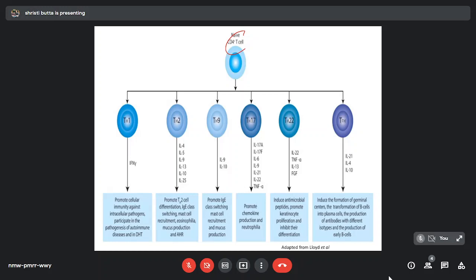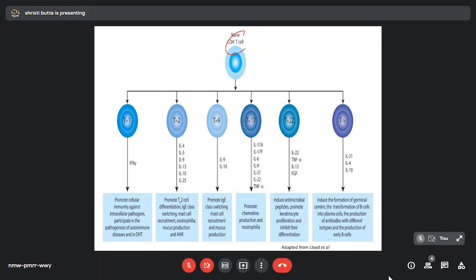It promotes IgE class switching, mast cell recruitment, eosinophilia, and mucus production. It is further very important to note that the T helper 9 cell allows for promoting IgE class switching, mast cell recruitment, and mucus production as well. T helper 17, on the other hand, produces cytokines that are responsible for neutrophilia.